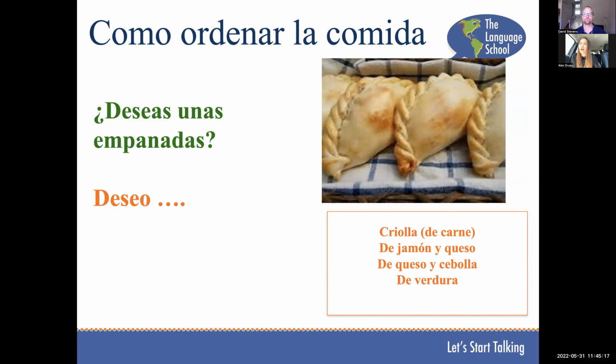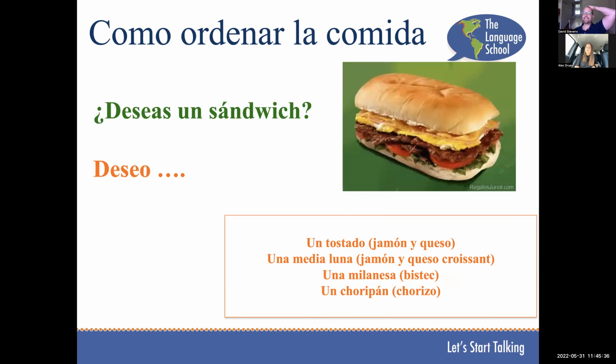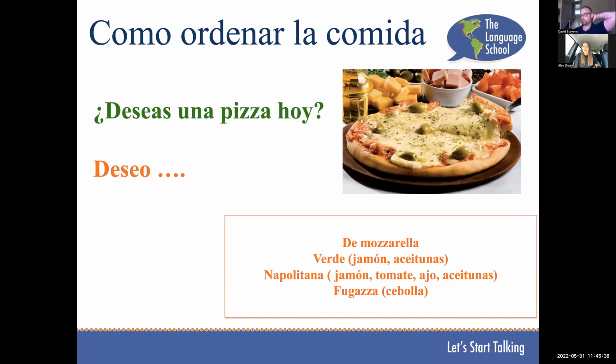¿Qué significa jamón? Jamón is ham. Cebolla is onion. Deseo de jamón y queso. ¿Deseas un sándwich o una pizza hoy?